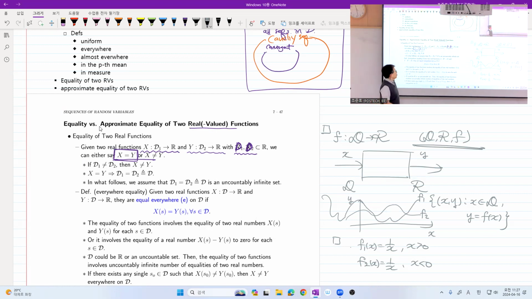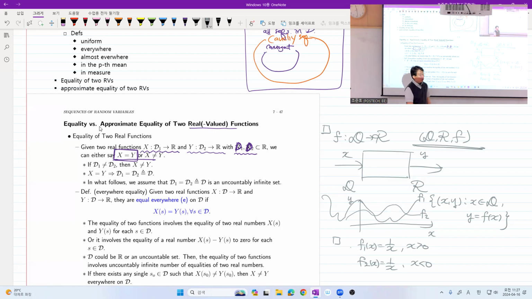Got it? So be careful. If domains are different, then they are different functions. Of course, you may say that on some subset of the domain, they are equal functions. But anyway, the first thing is that domains must be the same.